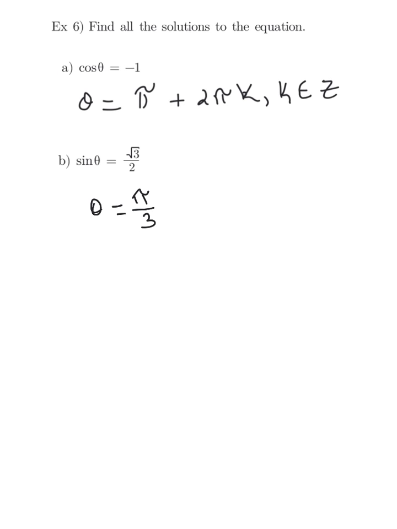pi over 3. In order to get to that again, you have to make a full revolution. So you write plus 2 pi k with k an element of the integers. That takes care of the first quadrant angle.